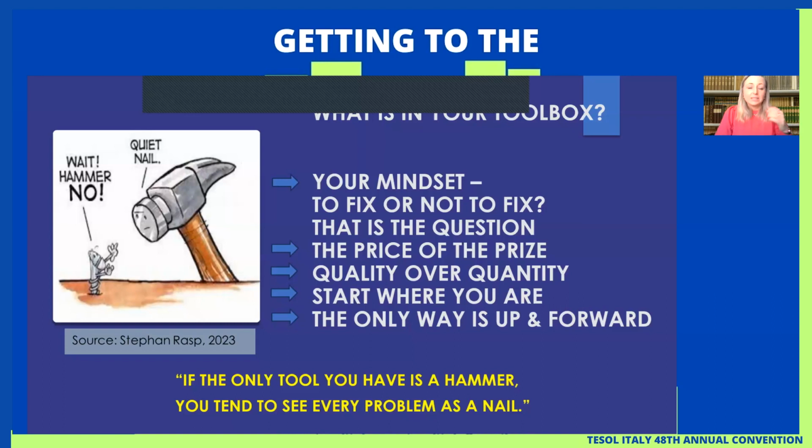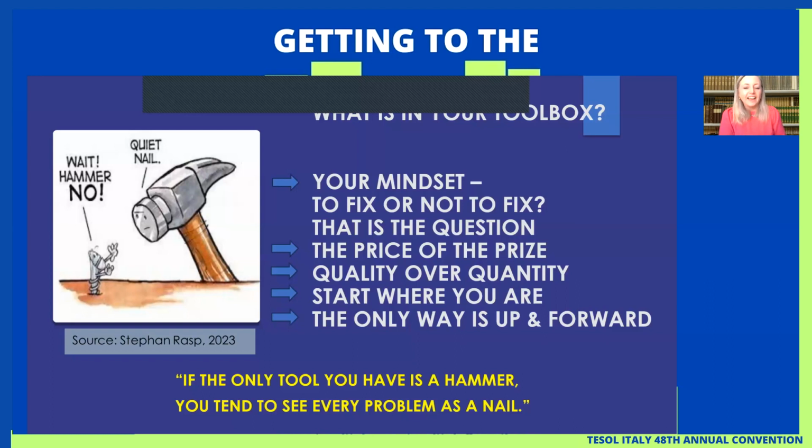So it's inspecting, monitoring, checking, being more reflective on your practice as well. So your mindset, is it right now to fix or not to fix? If you're on the same page, is that the question we should ask now?